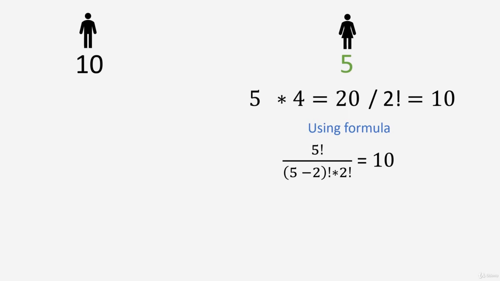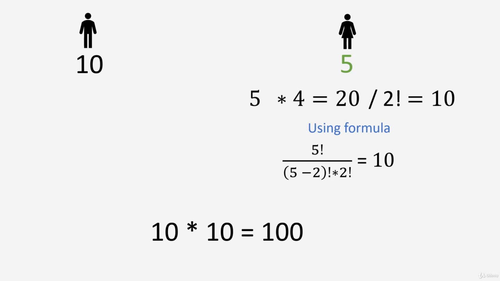Now, the second subproblem is to pick 1 boy from 10, and obviously you have 10 options, right? So now, since these were subproblems, we multiply the results and get the final result, and that is 100. I hope this makes sense.